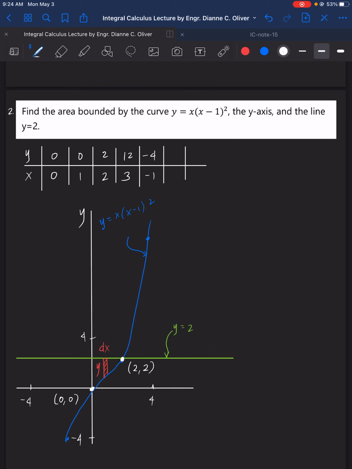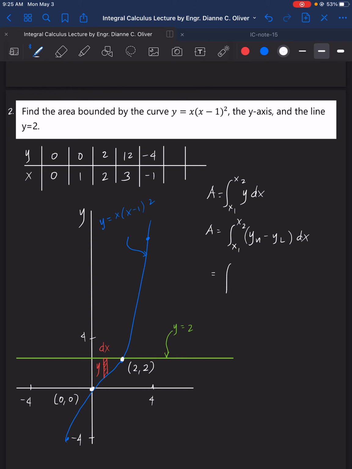Okay, so let's solve for the vertical area strip of y dx. Since we are using dx, the limits are x1 to x2. Area is equal to integral of y upper minus y lower dx, x1 to x2.